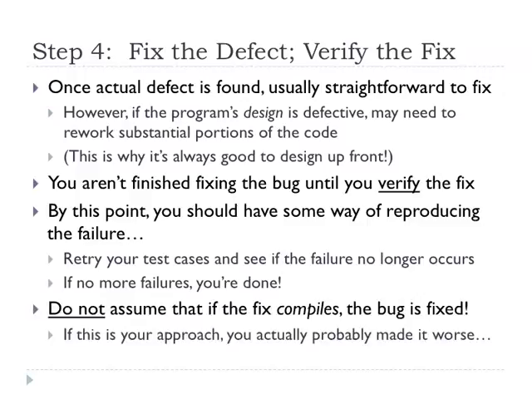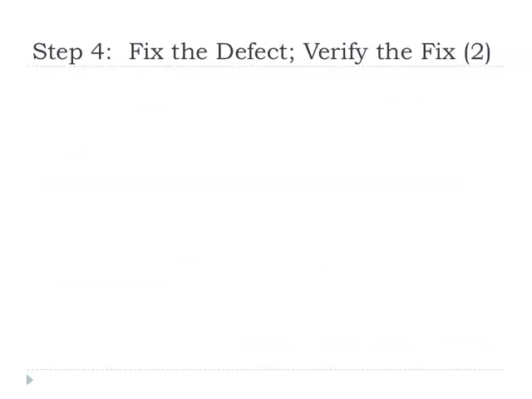Yeah, and so like I say, you don't assume that if the fix compiles, the bug is fixed, because that's what bad programmers do. That's what Ben Bitdiddle does. There are these classic, prototypical programmers. Ben Bitdiddle is the one you never want to let near any program that's important, because he always does things badly.